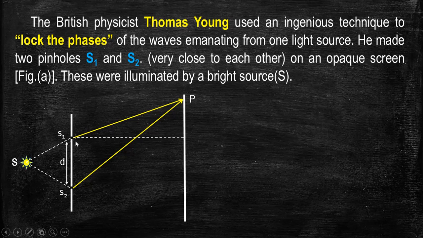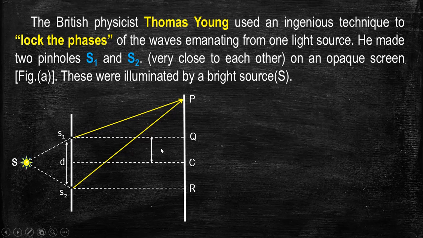I draw one horizontal line from S1 which is going to meet at Q on the screen. Similarly, a horizontal line from S2 which meets at R on the same screen. Then one more horizontal line from the center of S1 and S2 which is going to meet at C, which is the center of the screen.